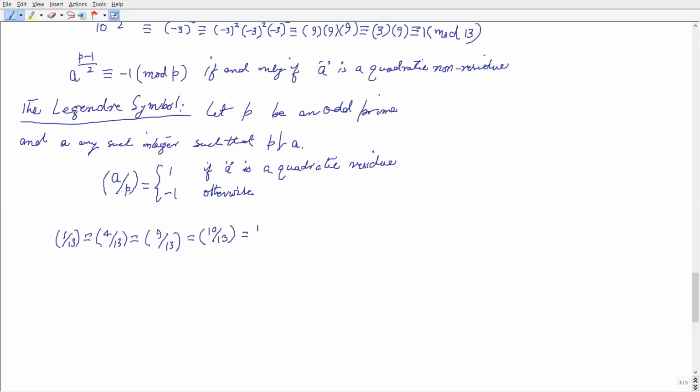And 12 is also a quadratic residue of 13.